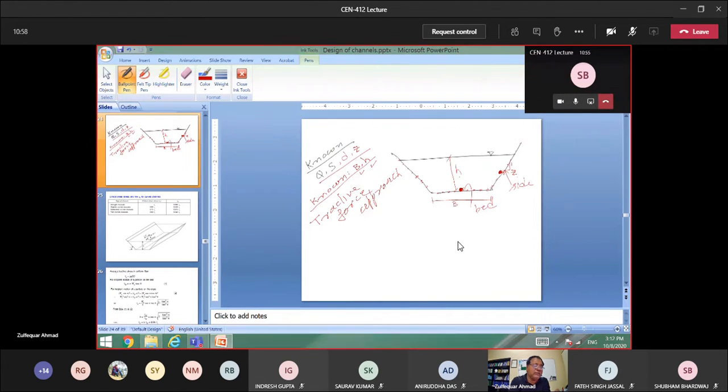Let us say this is the particle, let me write here PB, and this one is PS. So this is the particle which is on the bed, and PS is the particle which is on the side. So now let us concentrate on the bed here. The sediment of size D is on the bed, right? How much shear stress is required to move it?